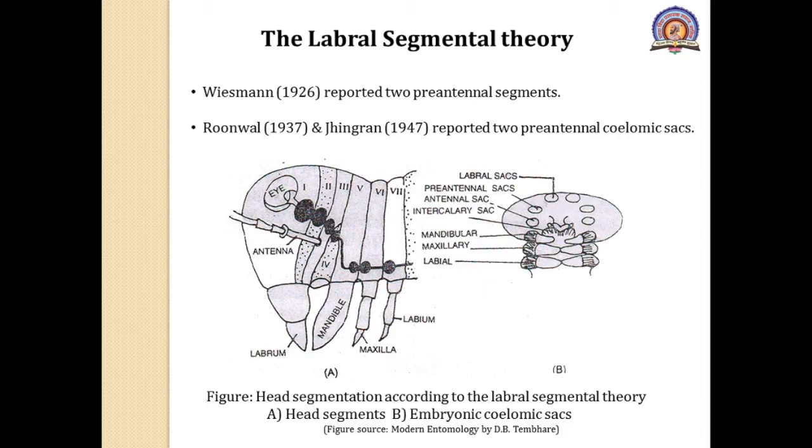Roonwal suggested that the protocerebrum is composed of 2 pairs of neuromeres, one labral and the other pre-antennal, belonging to the labral and pre-antennal segments respectively. So according to this theory, there are a total of 7 segments.